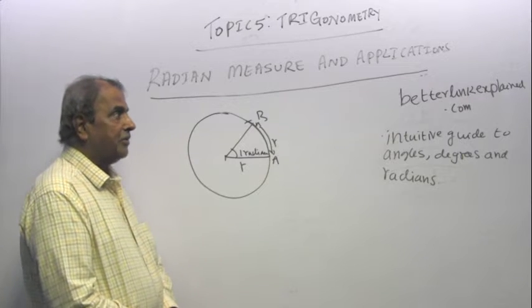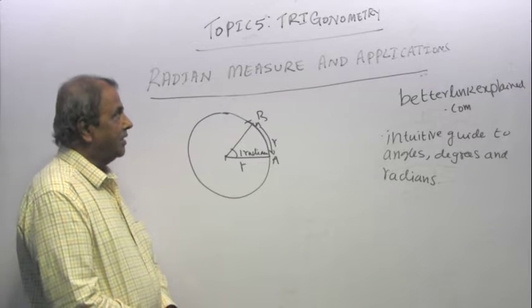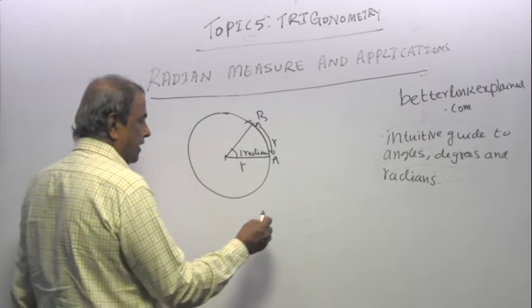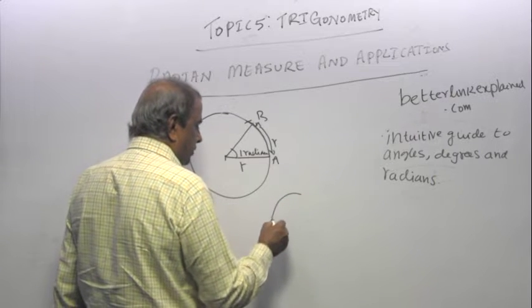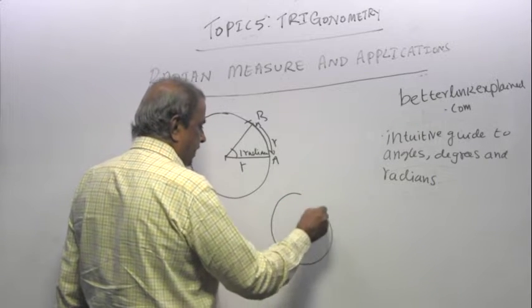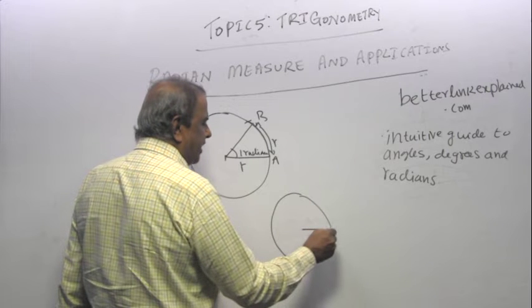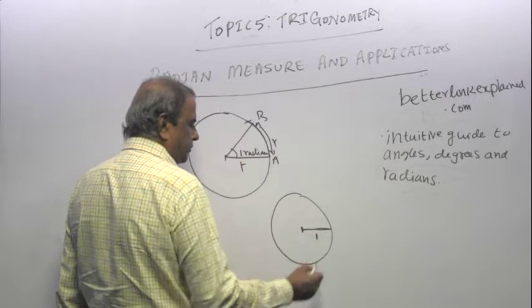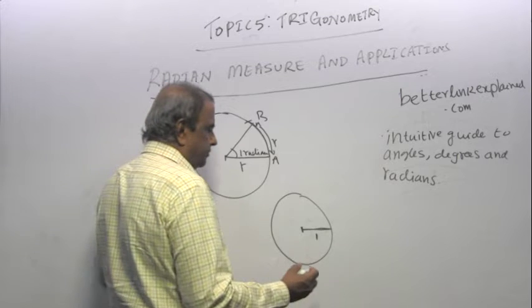Is there another way of looking at radian? I put the title earlier because I thought I would introduce you to that. For example, suppose you take a circle, let's say the unit circle. The radius is 1.